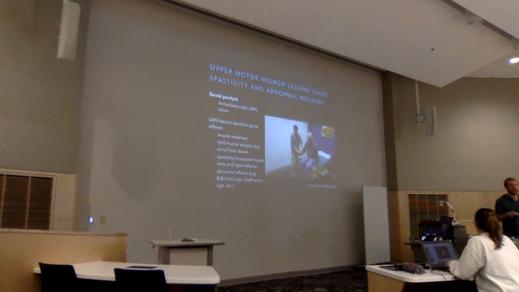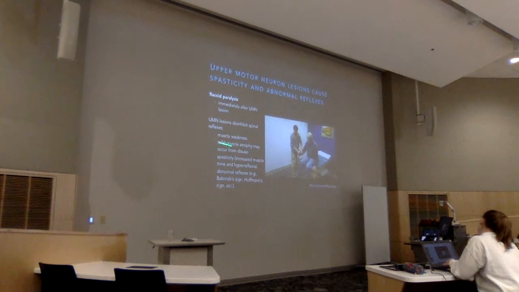So part of carrying out any movement is to silence those reflexes that resist changes in muscle length. So when you lose your corticospinal tract, those reflexes can just take over. And they become far more robust. They're no longer controlled properly.